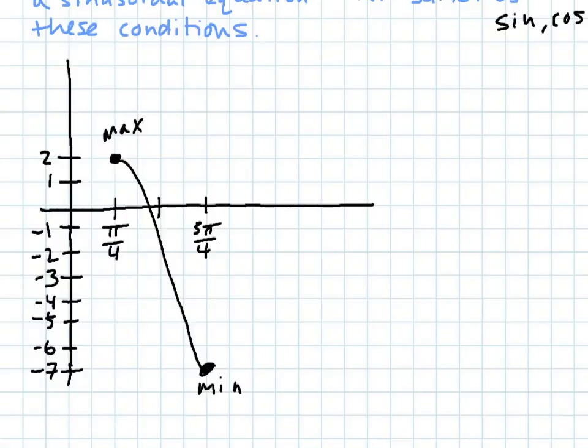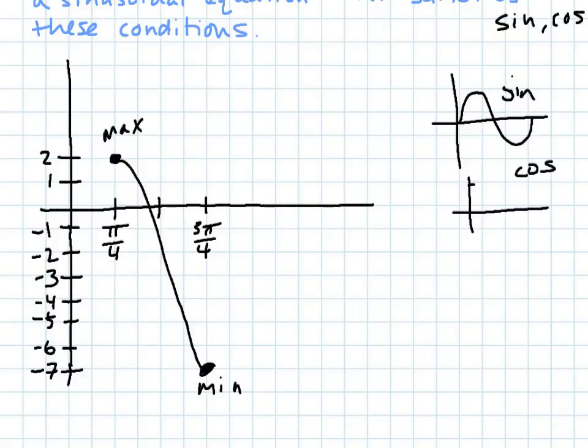Okay, so here when you're given a min and a max, think about your sine and your cosine. Sine goes up and back down, and cosine starts up and goes back down and starts back for an entire period. So if I'm given a max and a min, that's half of the sine or cosine graph. So you're given half of the period as of right now.